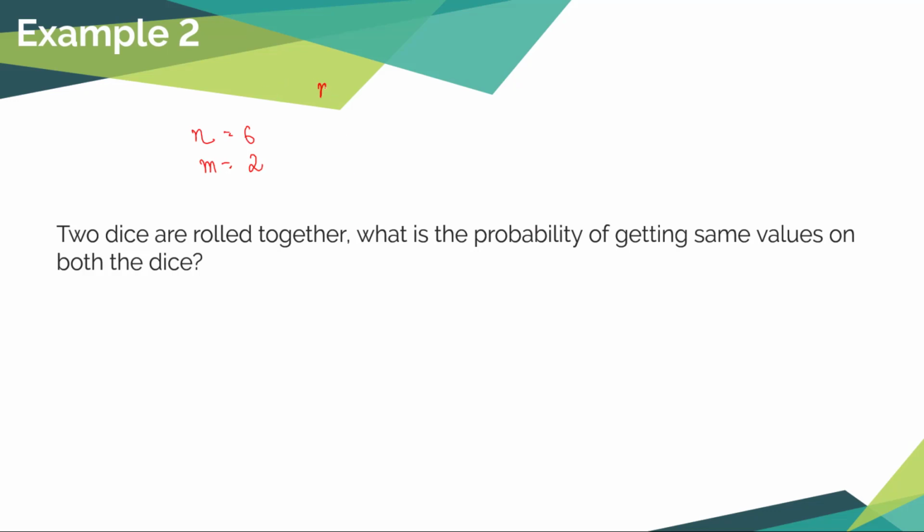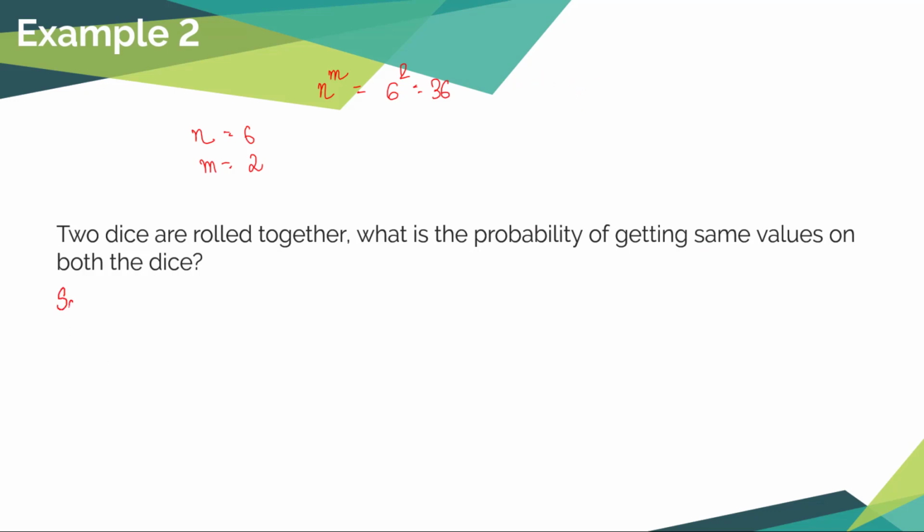Now the formula was n to the power m to find out the total number of possibilities. So here it will be 6 squared, that means we will have 36 different possibilities, right? So that means our sample space will contain 36 items. So I will first write down the sample space.